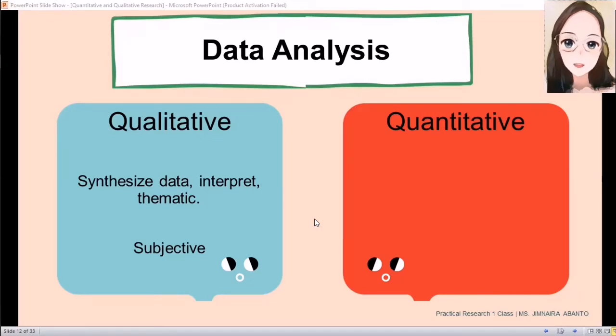Data analysis is influenced by the personal experiences and opinions of the researcher. So the researcher uses open-ended questions in gathering data. So there is no criteria used by the researcher in discussing the data. The aim of qualitative research is to generate a new theory based on the gathered data.